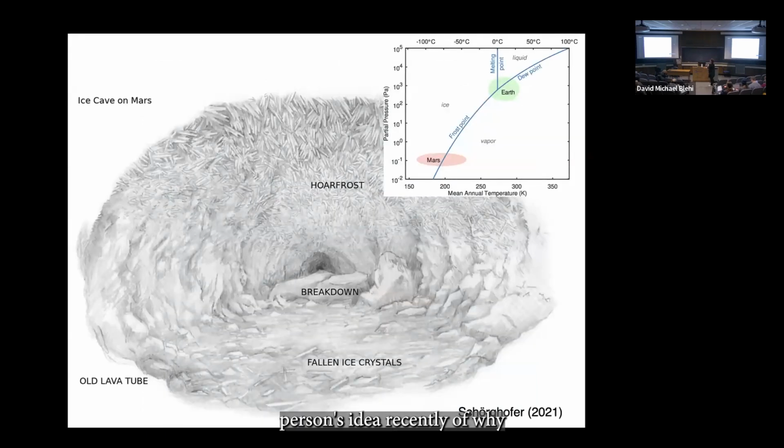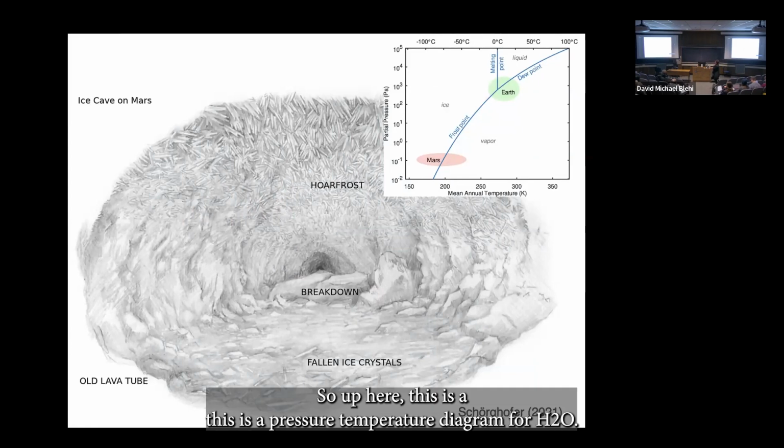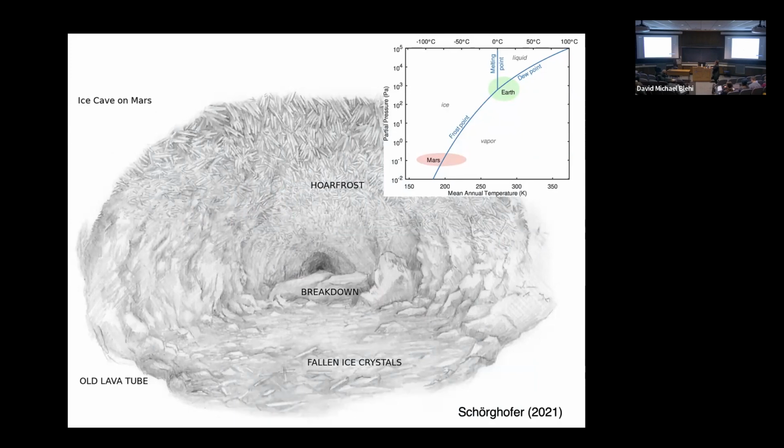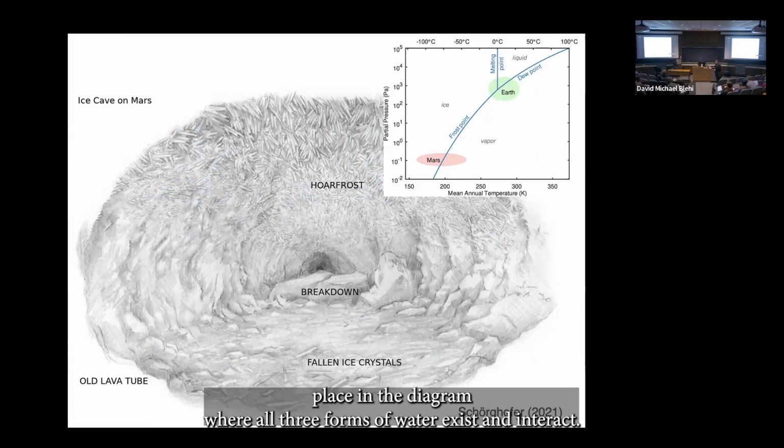Here is one person's idea recently of why there might be water in ice form on Mars. Up here, this is a pressure temperature diagram for H2O, and you can see that Earth is in this awesome place in the diagram where all three forms of water exist and interact.